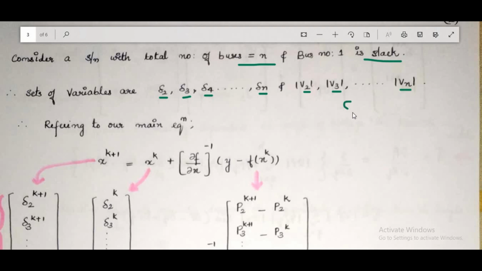Here we need not calculate the magnitude and angle of voltage of the first bus. Why? Because the first bus was slack bus. You need not calculate these values, and so you cannot consider V1 and delta 1 as the variables. Variables are those which are to be calculated.